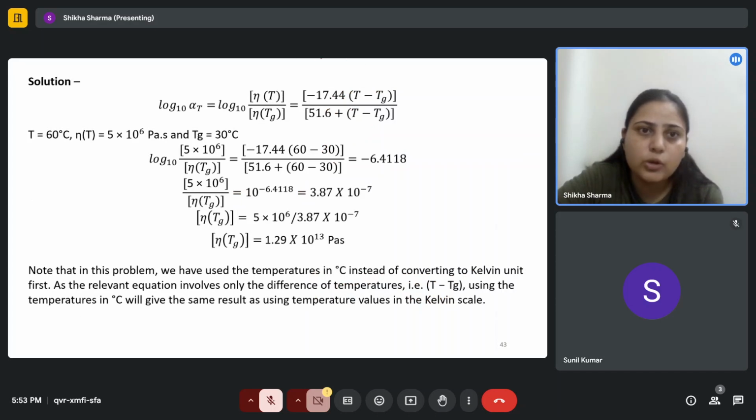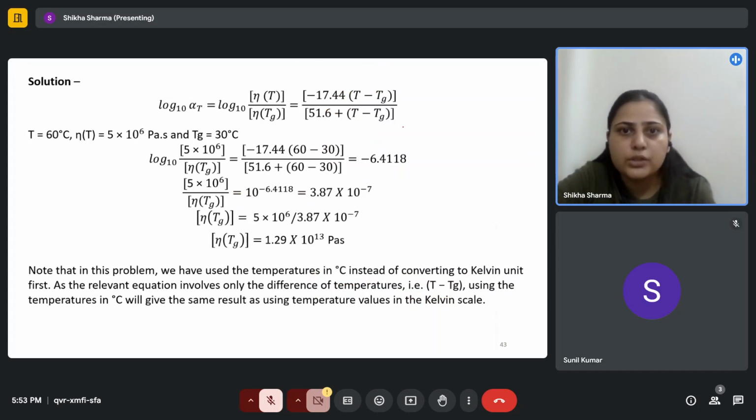As per the WLF equation, log 10 AT is equal to log 10 of viscosity at temperature T divided by viscosity at glass transition temperature, which is equal to minus 17.44 multiply T minus glass transition temperature divided by 51.6 plus T minus glass transition temperature.